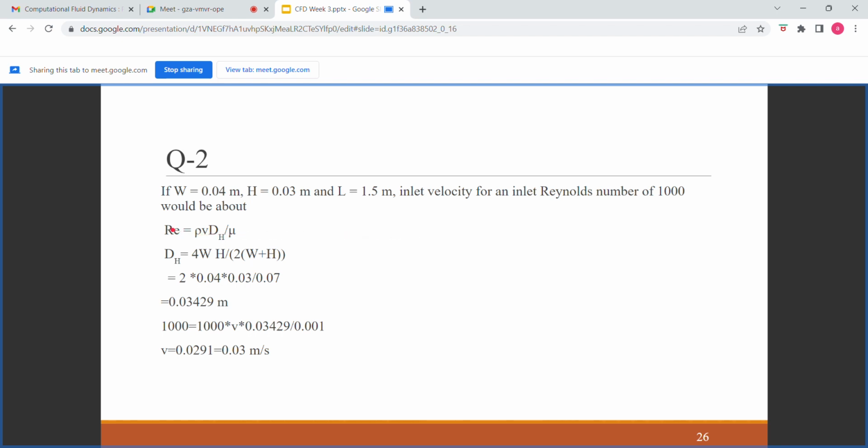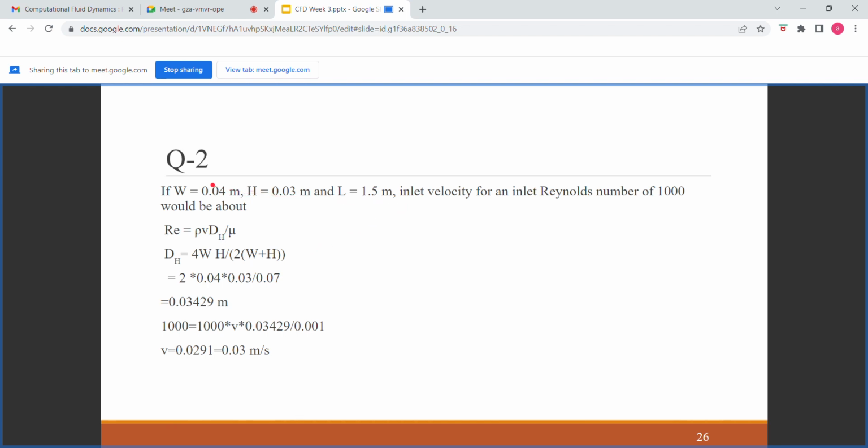Now we know the Reynolds number as 1000, rho is 1000 kg per meter cube, and V is still unknown, and dH we have calculated to be 0.03429 meter, divided by mu, that is 1 into 10 power minus 3. On substituting all these things, we get the velocity to be 0.0291. Approximately it is 0.03 meter per second.